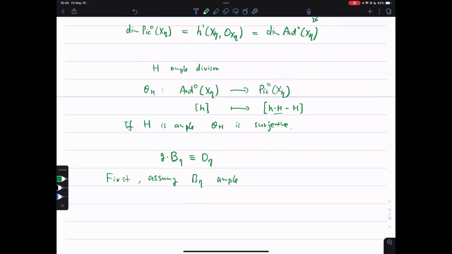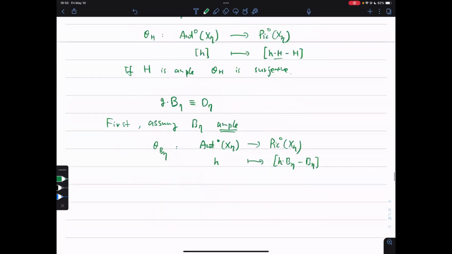If this is ample, then we have a map theta_B_eta as before, defined by H maps to H(B_eta) minus B_eta. Because it's ample, this map is surjective. That means there must exist an H in the automorphism group of X_eta, well, certainly it lives in the birational automorphism group, such that it can map to this.